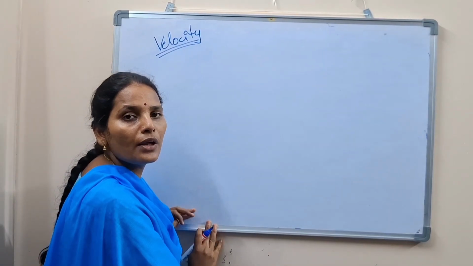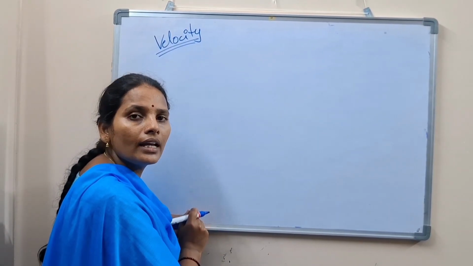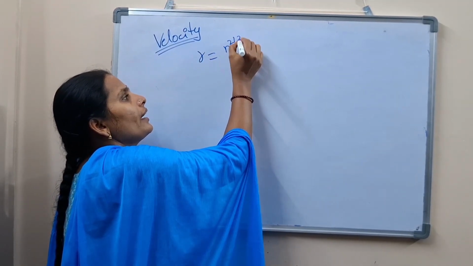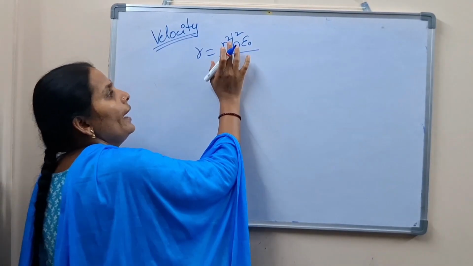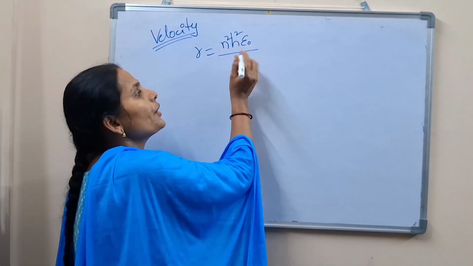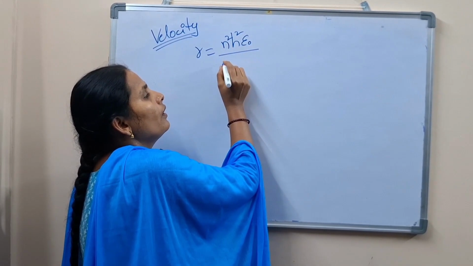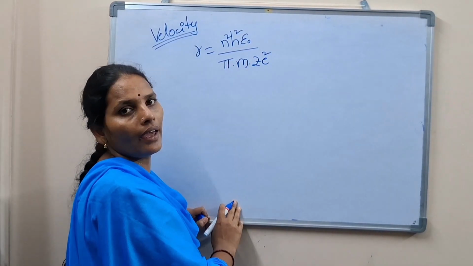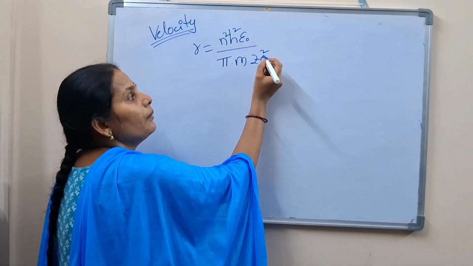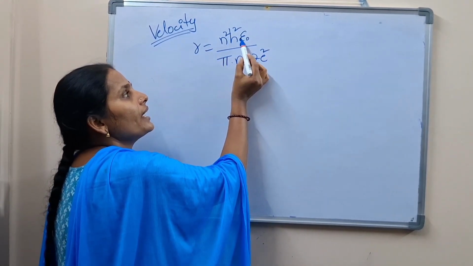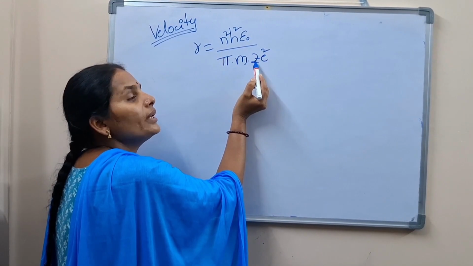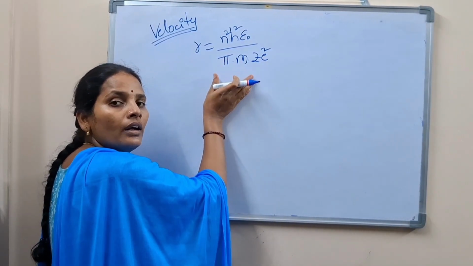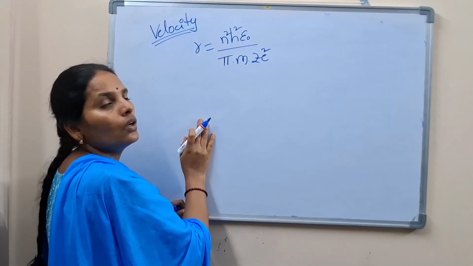Here, what is the r value from the radius of the electron? r equal to n square h square epsilon naught by pi m into z square, from the derivation of the radius.